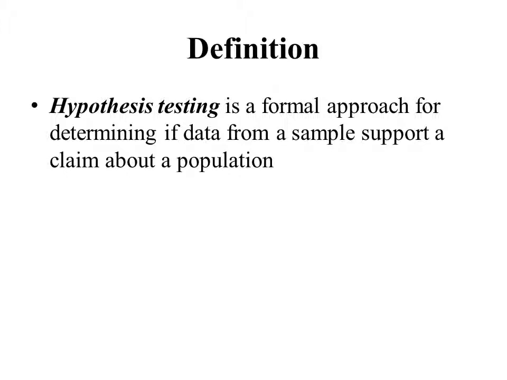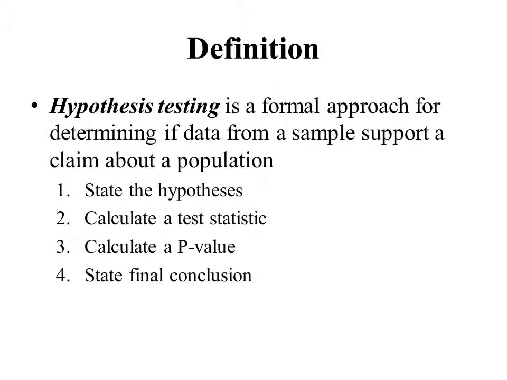All calculations are done differently, but they all follow the same basic 4 steps. Number 1, state what we call the hypotheses. And there's going to be 2 of them, what we call the null and the alternative hypothesis. Then we're going to calculate something that we call a test statistic, and this is calculated using some probability.